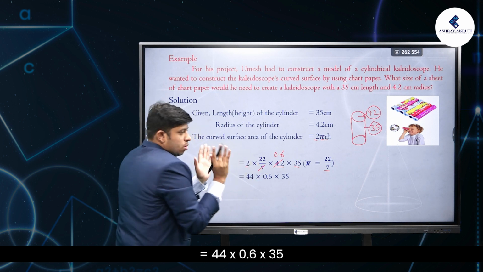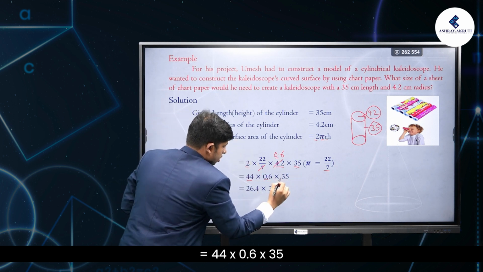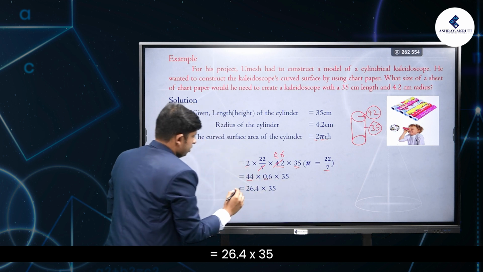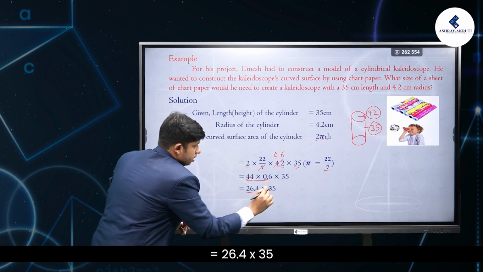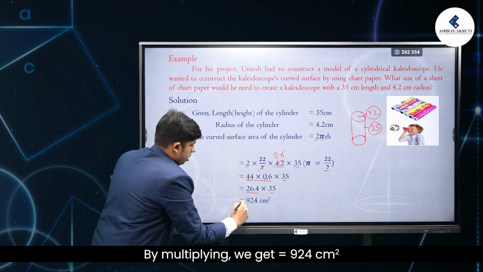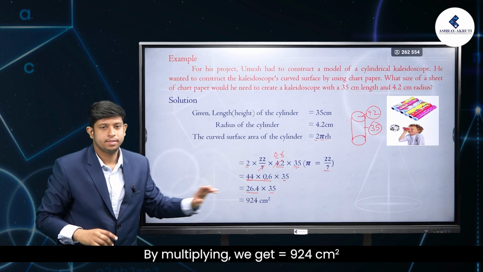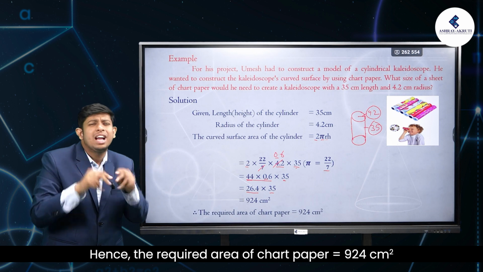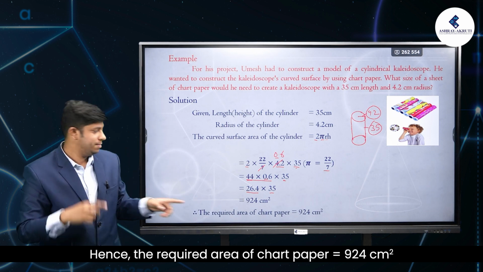By multiplying, we get 44 into 0.6 into 35, which is equal to 26.4 into 35. By multiplying, we get 924 cm square. Hence, the required area of chart paper is equal to 924 cm square.